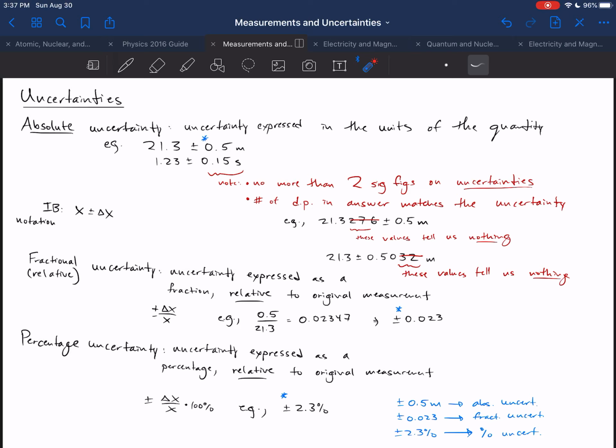Notice that the additional significant figures on an uncertainty also tell us very little. So if this argument is true, then, for example, if I have the value 21.3 plus or minus 0.5032, well, if that 0.5 all on its own is restricting that value to be the last digit shown, then these extra values on the uncertainty tell us nothing about the quantity being measured, which means any more than two significant figures on that uncertainty are worthless.